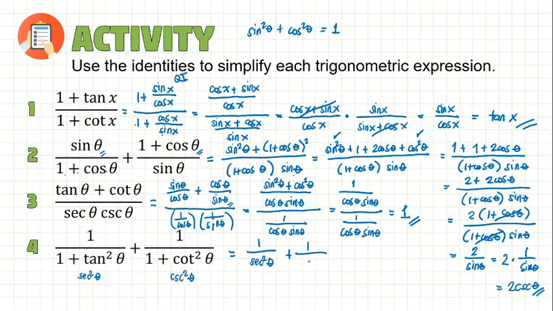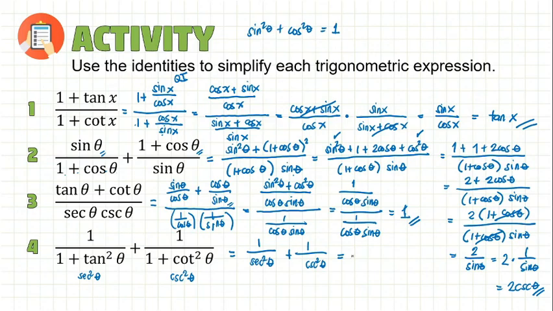So we have cosecant squared theta. Okay? And from that, take note, 1 over secant squared theta is just equal to cosine squared theta, because the reciprocal of secant is cosine, right?